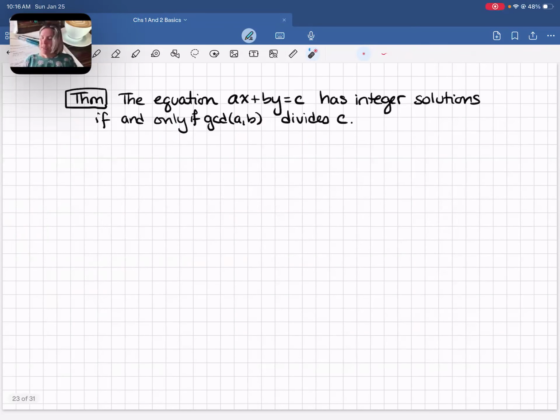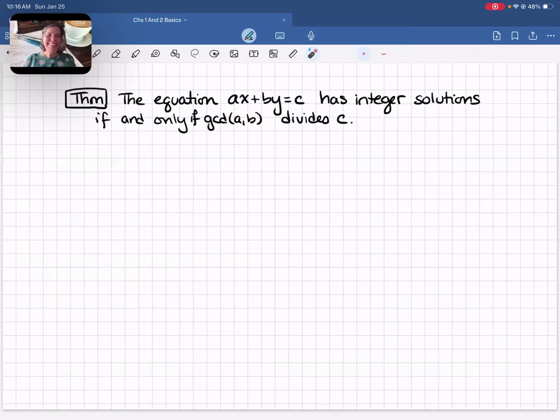So just to go one step further, there are a few consequences we can figure out from this. First of all, the equation ax plus by equals c has integer solutions for x and y if and only if the GCD of a and b divides c. We know this theorem is true because on the previous screen I just told you how to find the solutions.